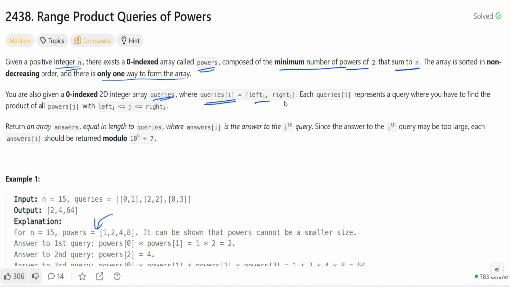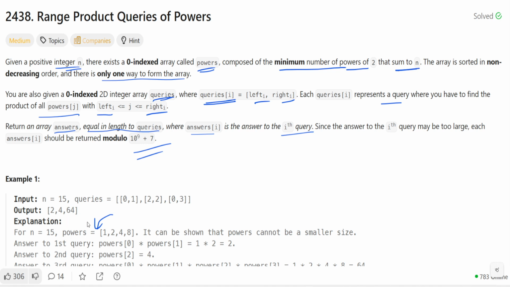Each element of queries is left and right, which are the boundaries. For each query you have to find the product of all powers at j, where j is within the range from left to right. We have to return an array answer with the length of queries. The answer at i is the answer to the ith query. Since it may be large, you have to take the modulo. I hope you understand.